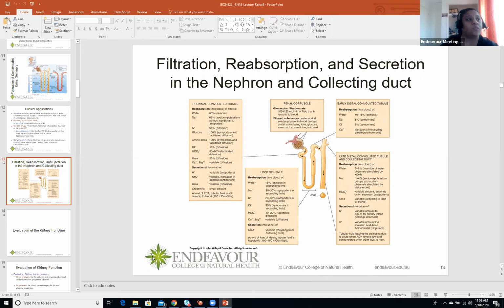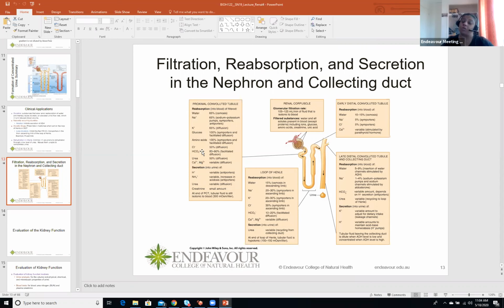About 65% of sodium is reabsorbed, potassium the same, chloride about 50%, and 80 to 90% of bicarbonates are reabsorbed. So all of the electrolytes and salts are pretty much reabsorbed in the proximal convoluted tubule.